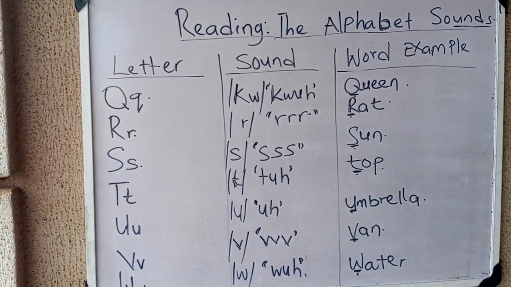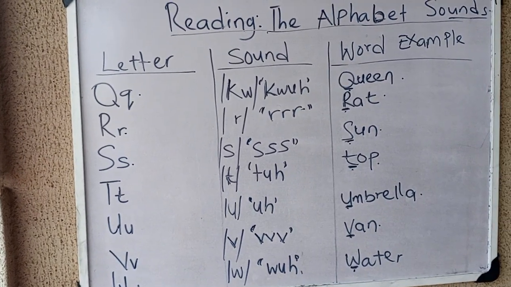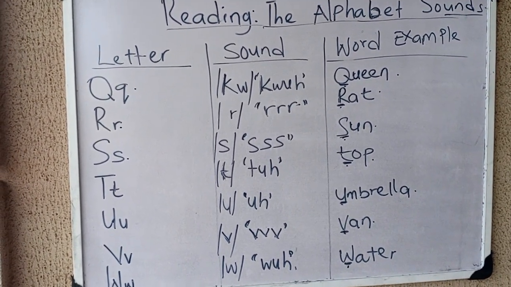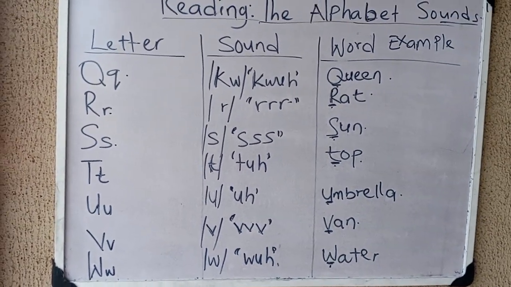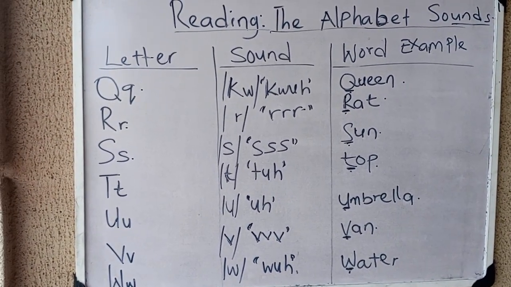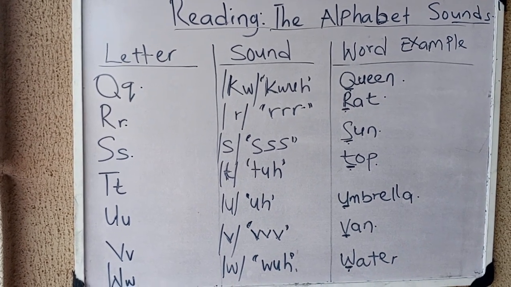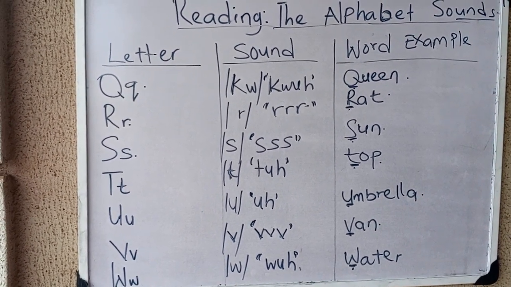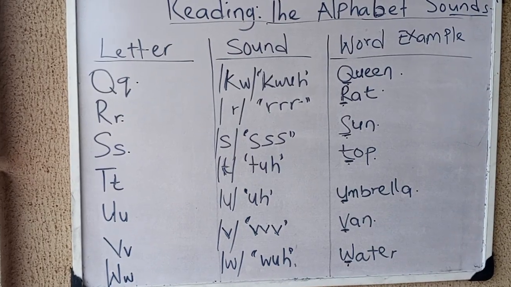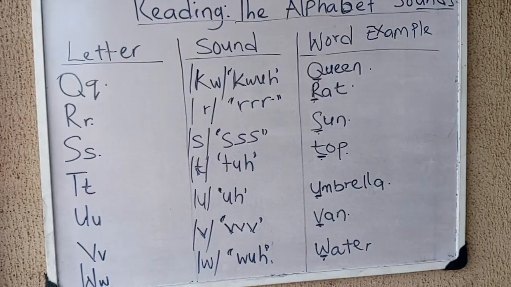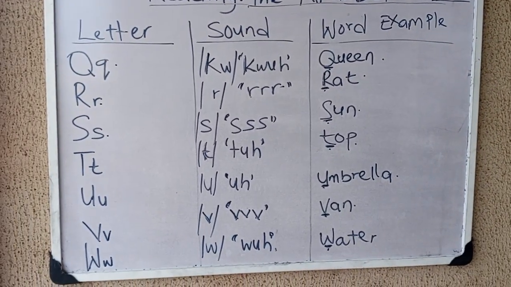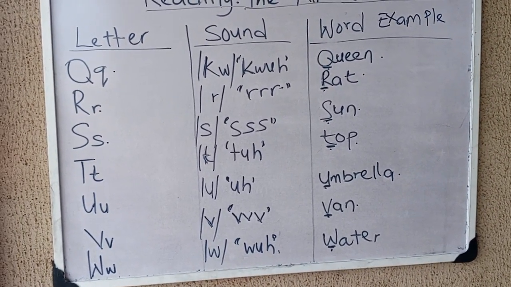So the next letter there is letter T. That's the name T. All right, written in capital and small letter, and the sound is T. T, t, t, t. All right? With the word example there, top, t, top.